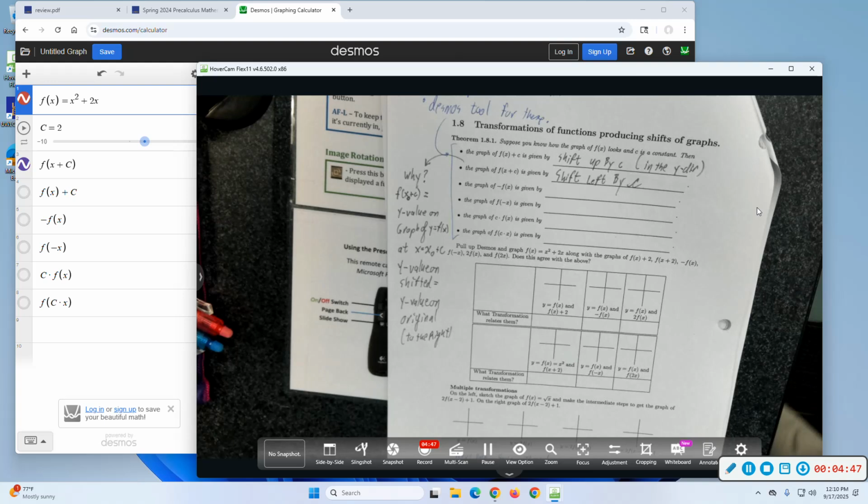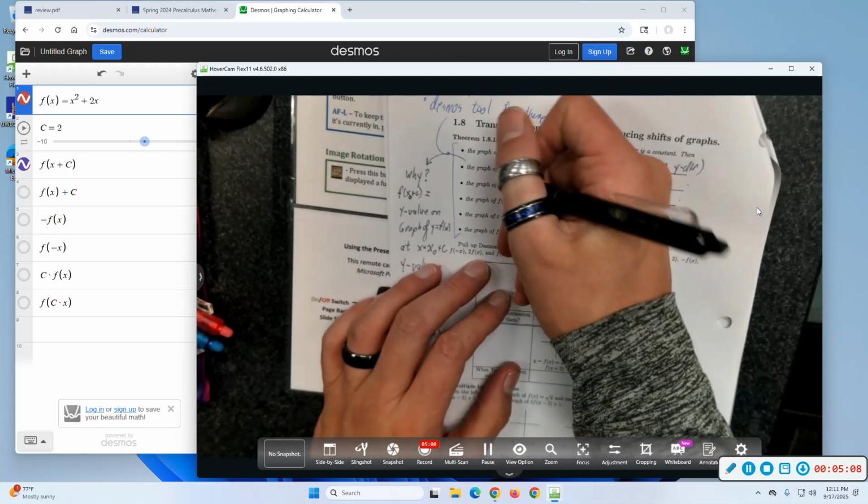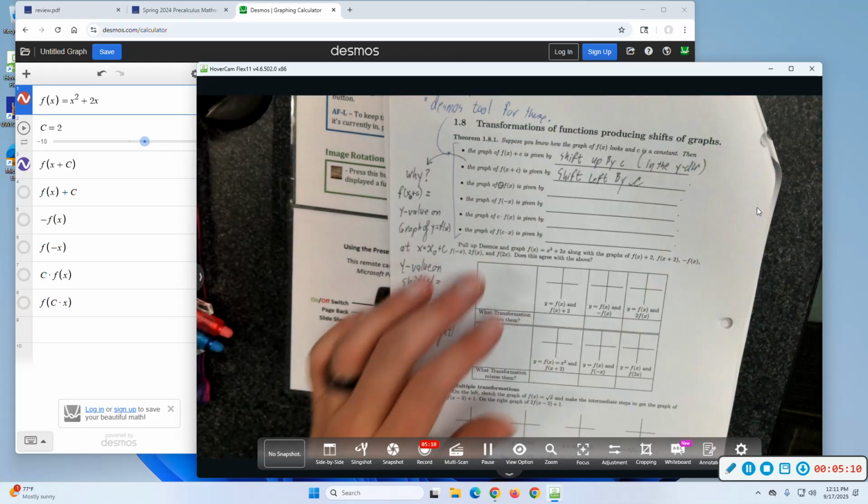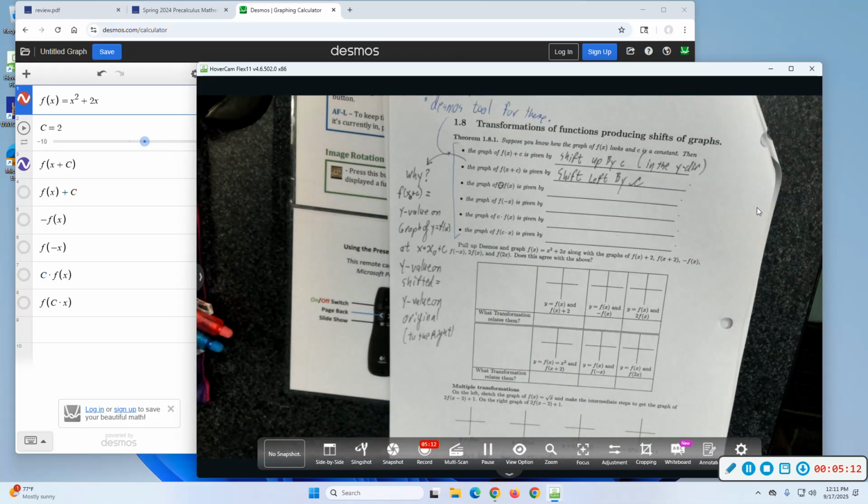Negative f of x, what should that do to the graph? It's the inverse of the original function, so you flip it over. Yeah, so you flip it over the x-axis.